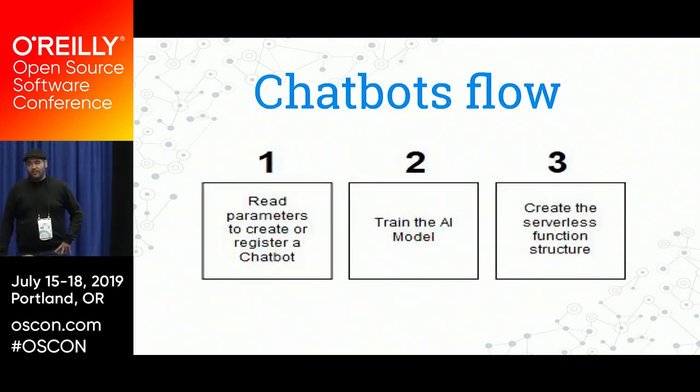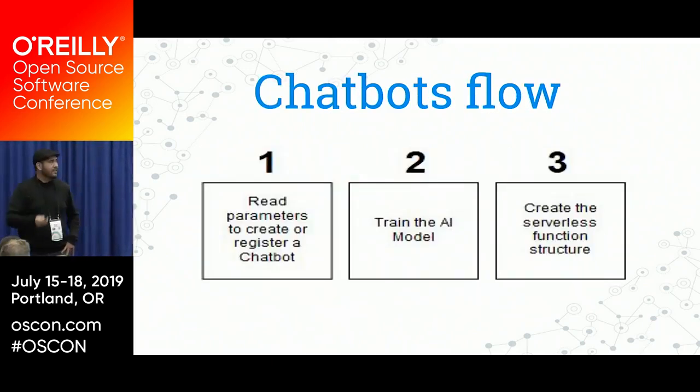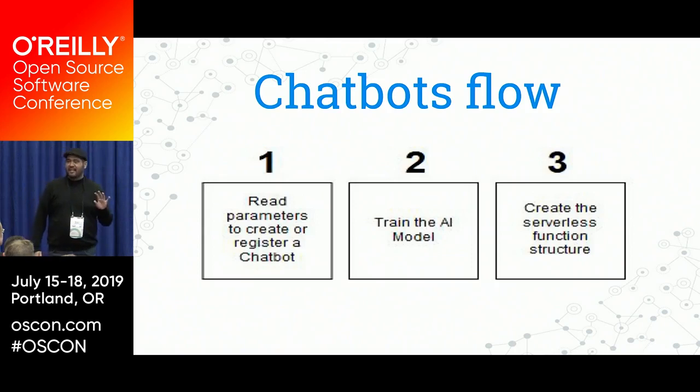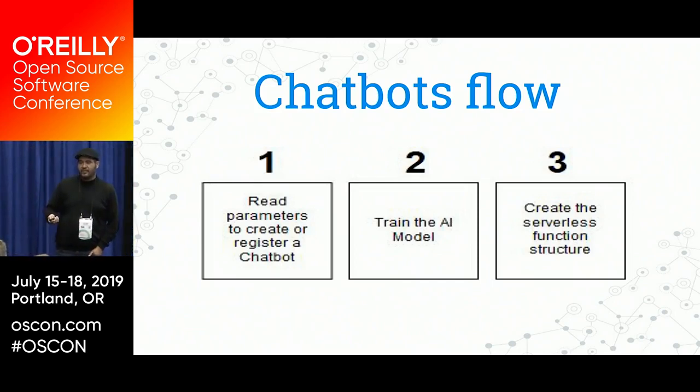So the flow of the chatbots is maybe like 6 steps in summary. In the first step, you have to read some parameters, for example, to create a kind of language. Then if you use artificial intelligence, you can compile a kind of model, like TensorFlow.